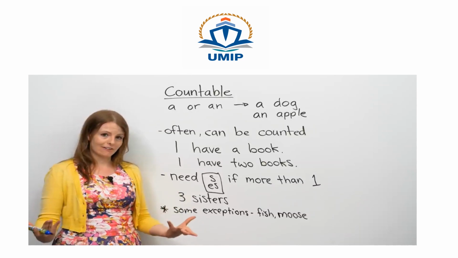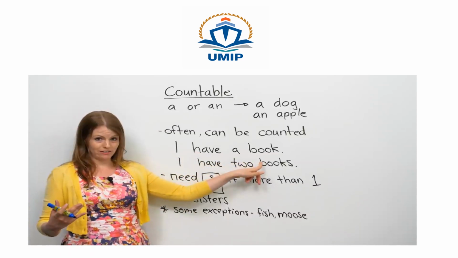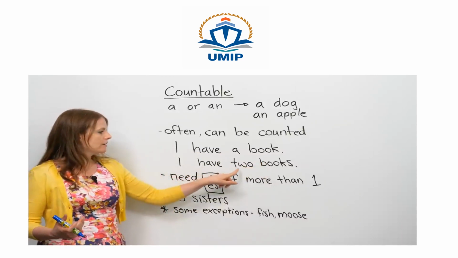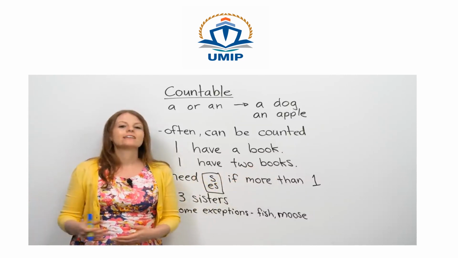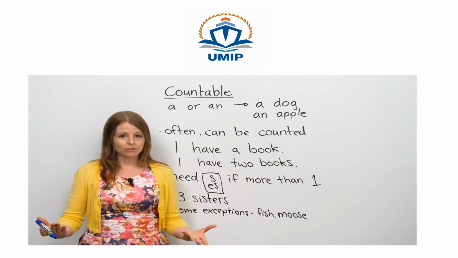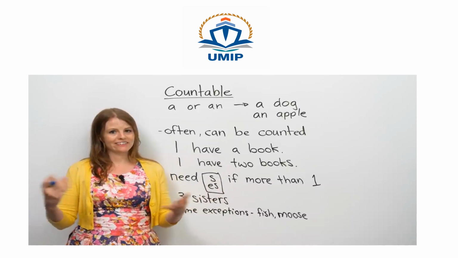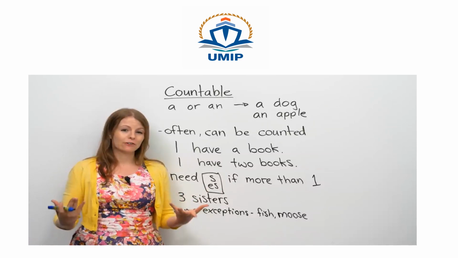So for example, I have a book. This is one book. I have 2 books. I have 3 books. So you can count books, and it's a countable noun. I have 2 chairs. I have 5 dresses. These are all countable nouns.